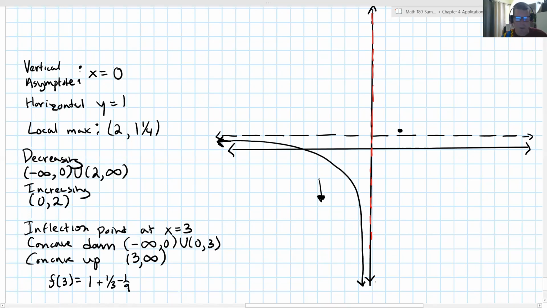So that's like 1.22222. It's just slightly less. It's just barely less.